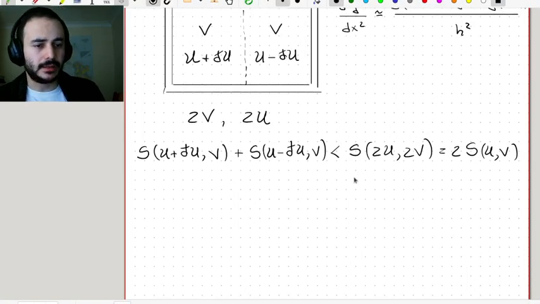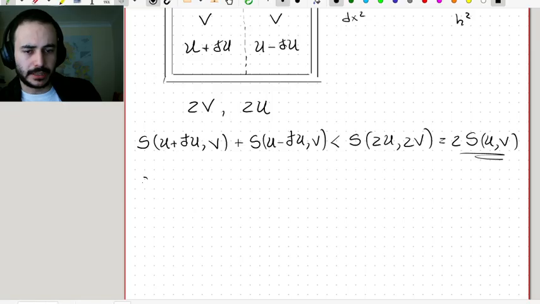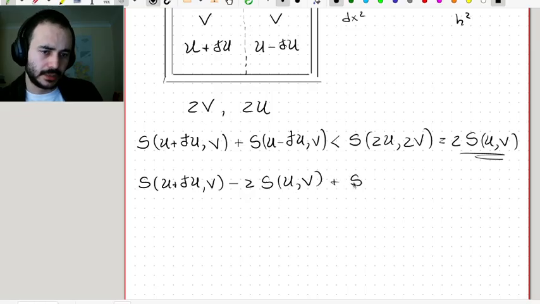And here you see we have something very similar, okay? So if we take this thing to the right-hand side, we will end up having S of u plus du, v, minus twice S of u and v, plus S of u minus du, v.